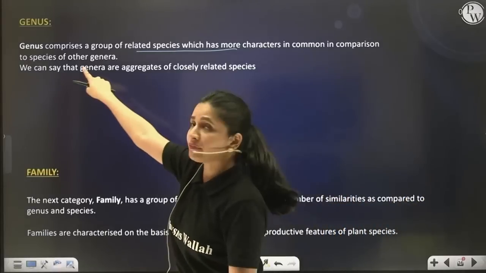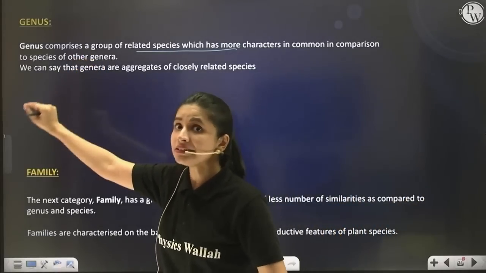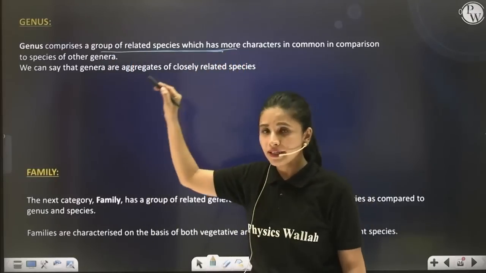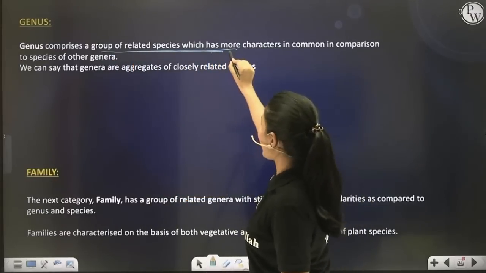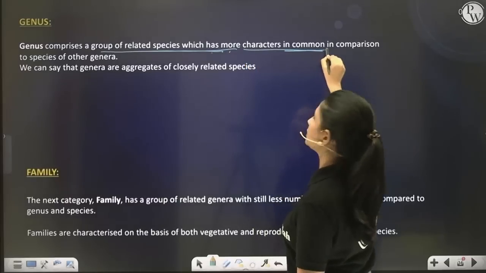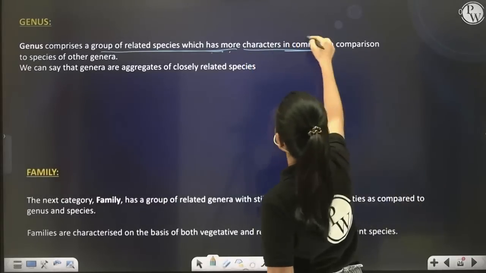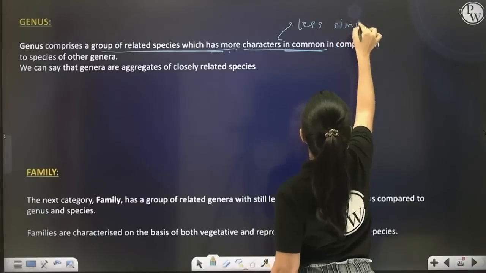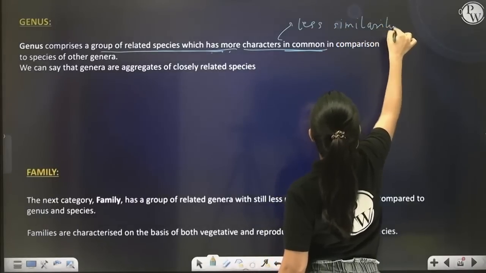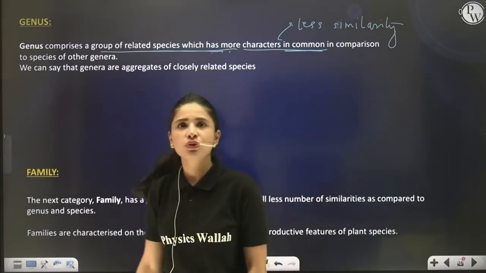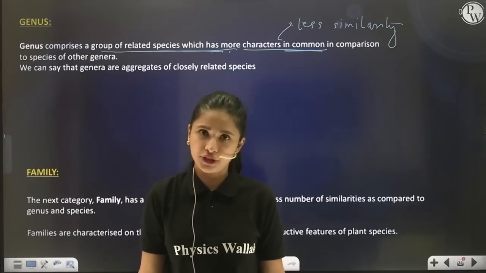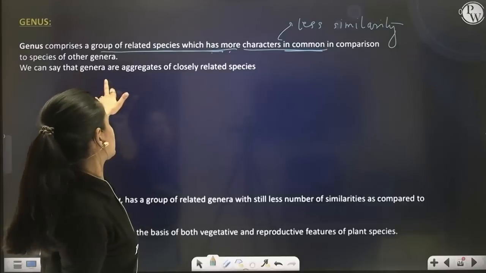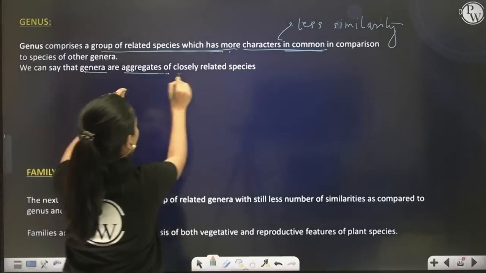So how will you define genus? Genus is a group of related species which has more characters in common. You can also say less similarity in comparison to species of other genera. Clear to everybody? Or you can also say that genera are aggregates of closely related species.